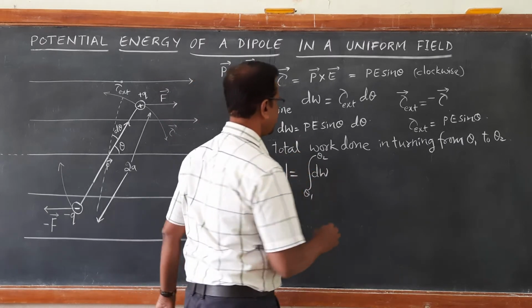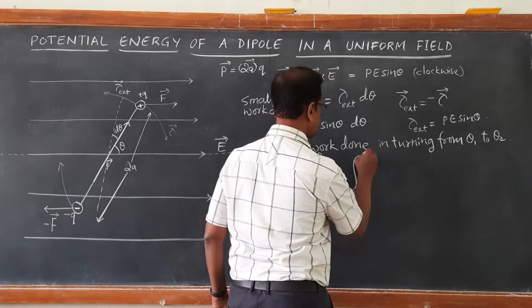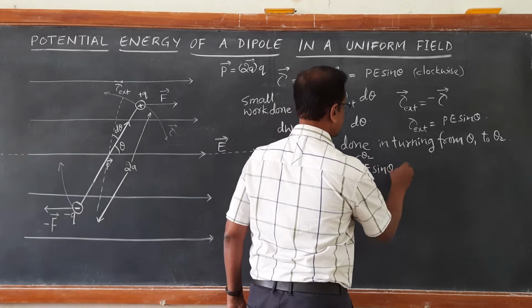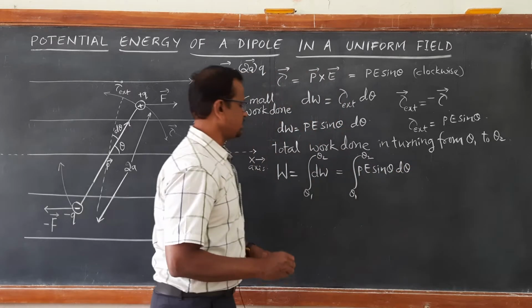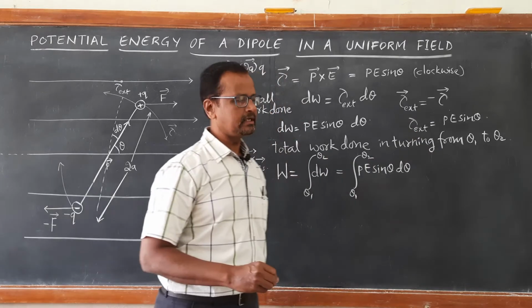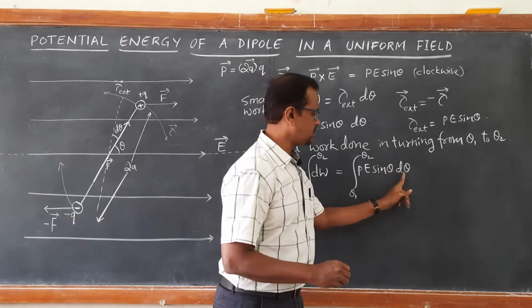Substitute the value of dW. So, the value of dW now becomes the integral from theta 1 to theta 2 of Pe sin theta d theta, because Pe sin theta is nothing but tau external, that is substituted as Pe sin theta d theta.